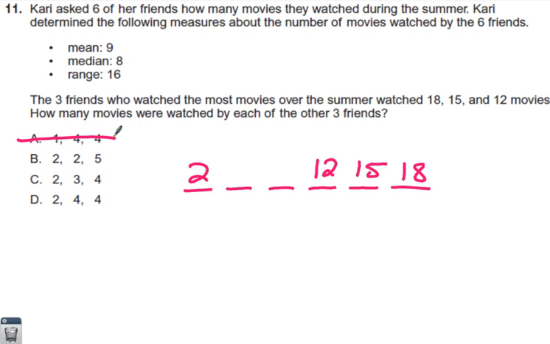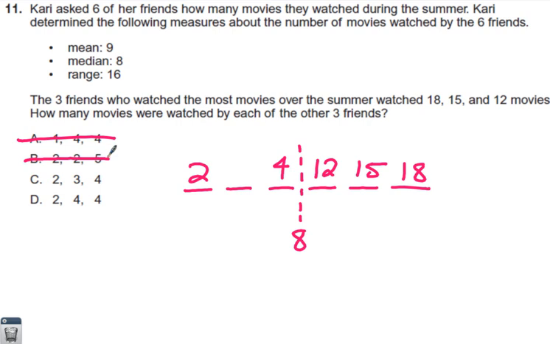Well, the median would go between the 12 and whatever this is. So what would this have to be so that in between these two numbers would be 8? Wouldn't that need to be 4? So that now eliminates option B.